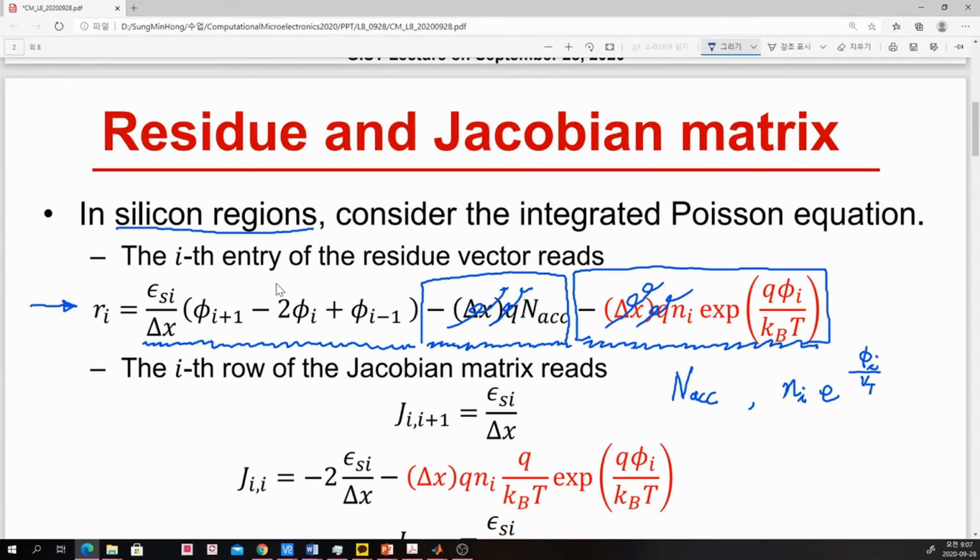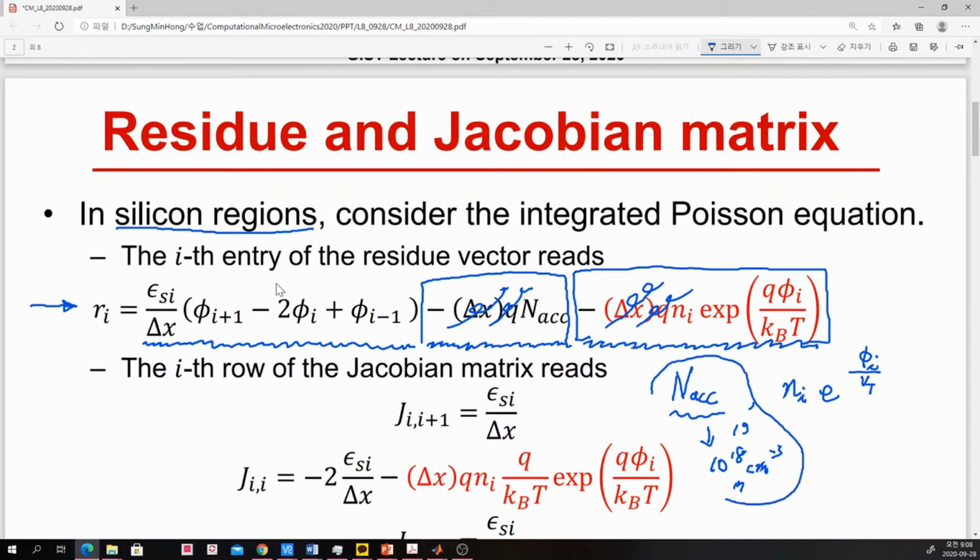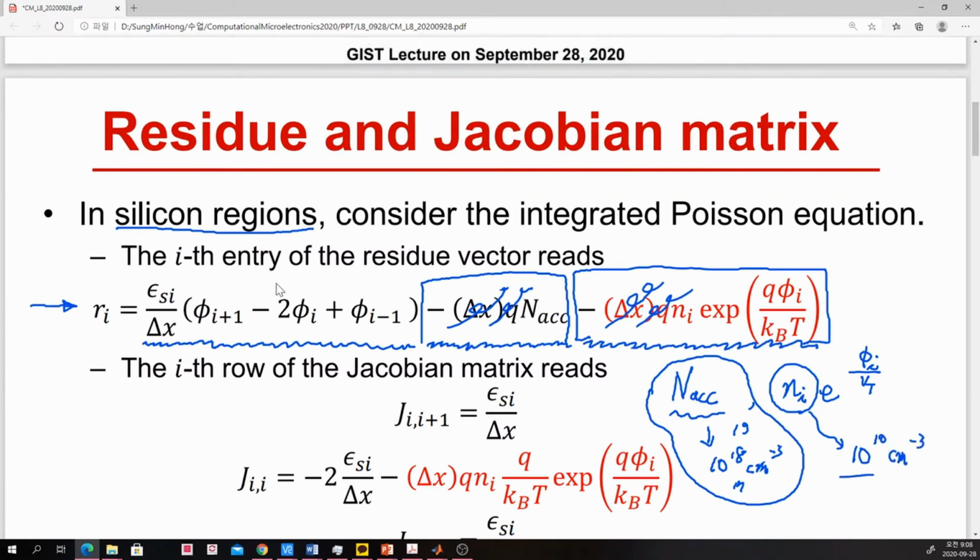You know that usually the doping density can be, for example, 10 to the 18 per cubic centimeter, or 17 or 19 per cubic centimeter. These are typical numbers for our doping density. And n_i at 300 Kelvin is just 10 to the 10 per cubic centimeter.